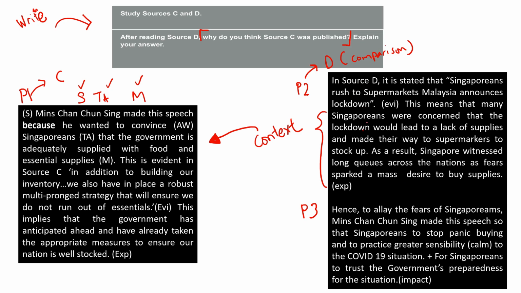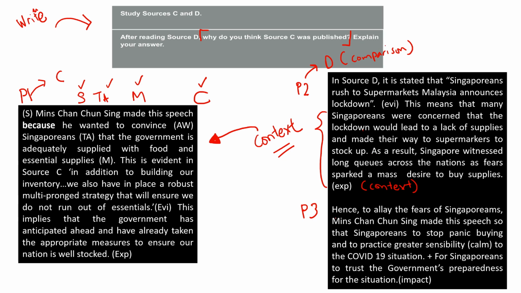So I repeat again, by explaining what source D is saying, I am actually providing the context by which source C is being published, and therefore the context is done. Which then leads on to the third section or the third paragraph.